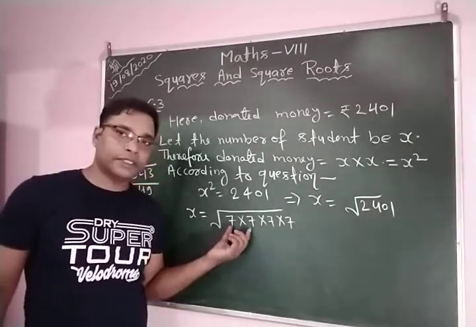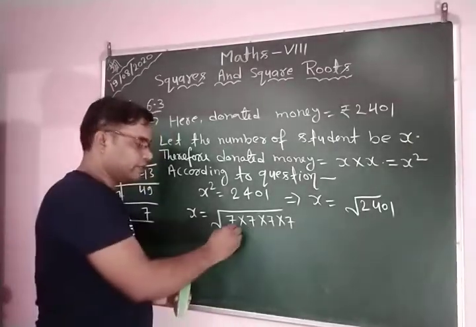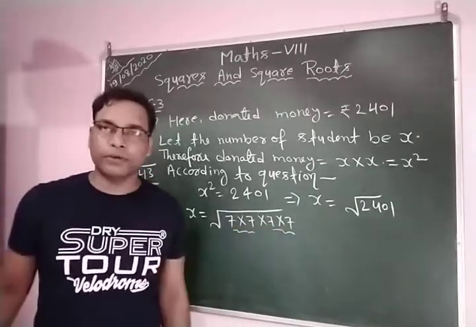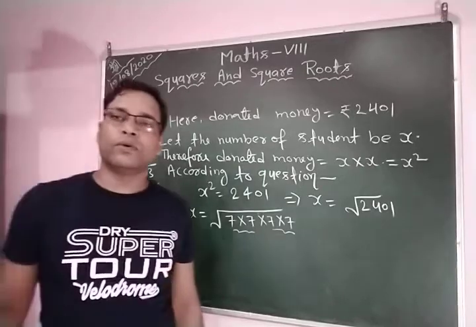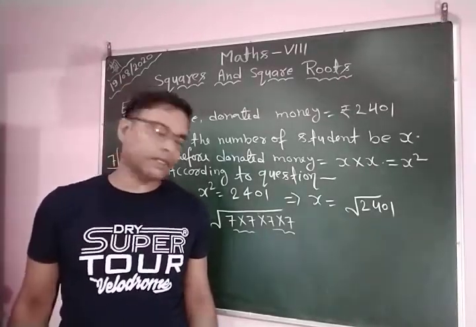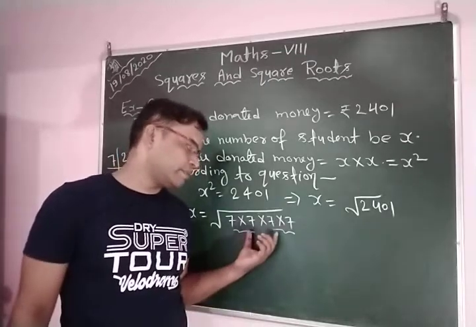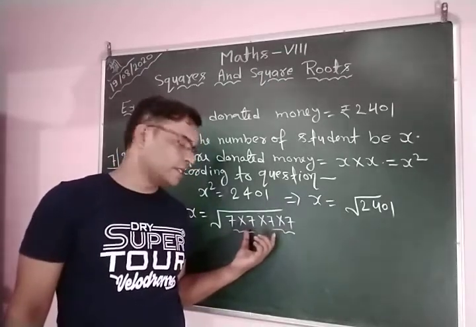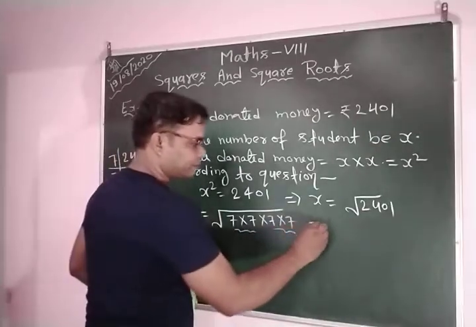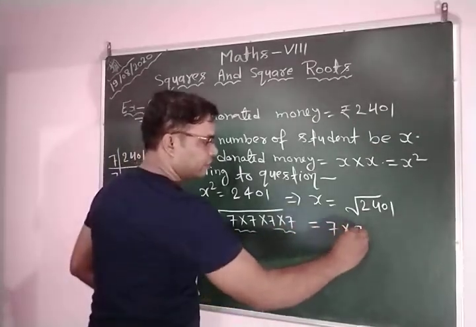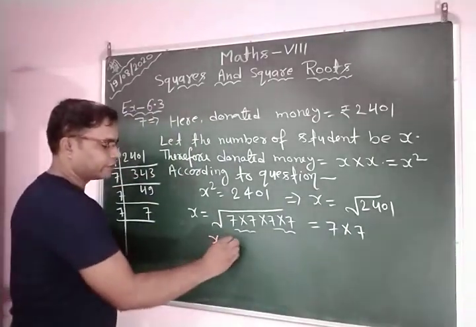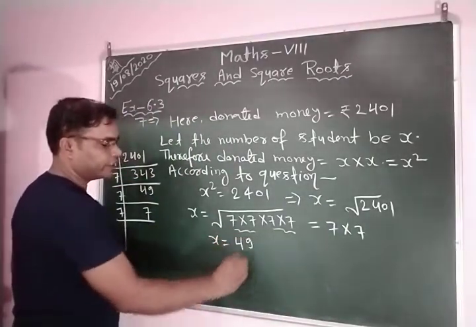Here you can see there are two pairs of 7, one pair and another pair. For the square root, we take one prime number from each pair. So you can write 7 into 7. So the value of x is equal to 49.